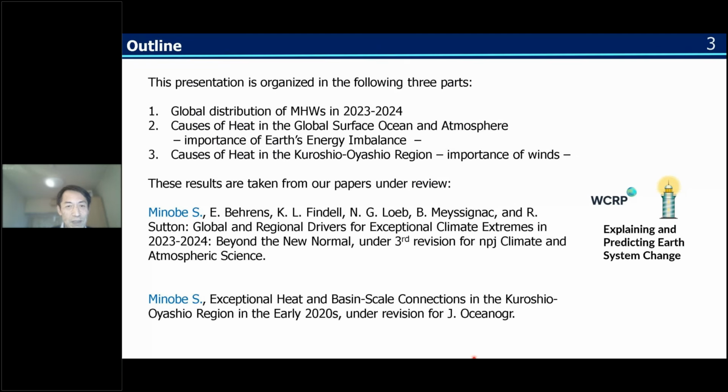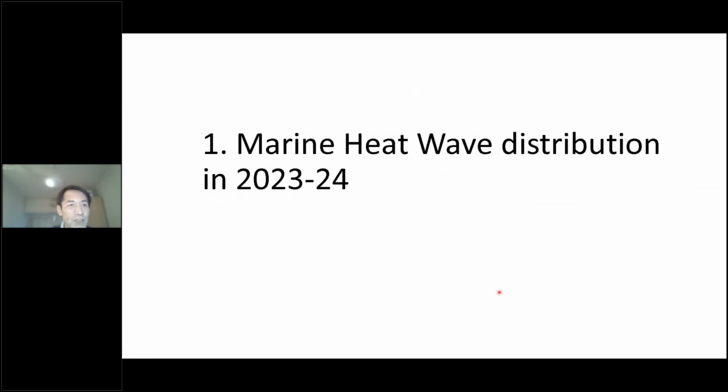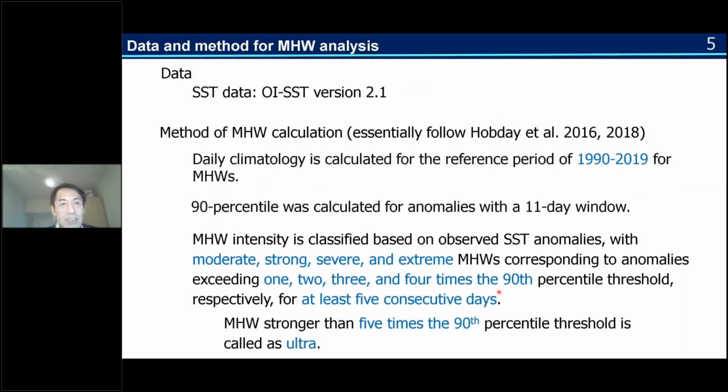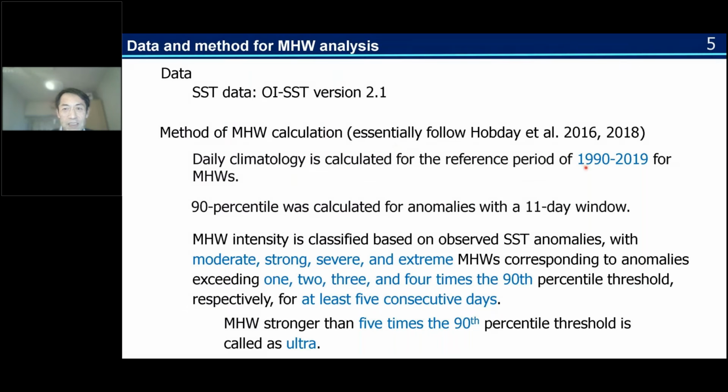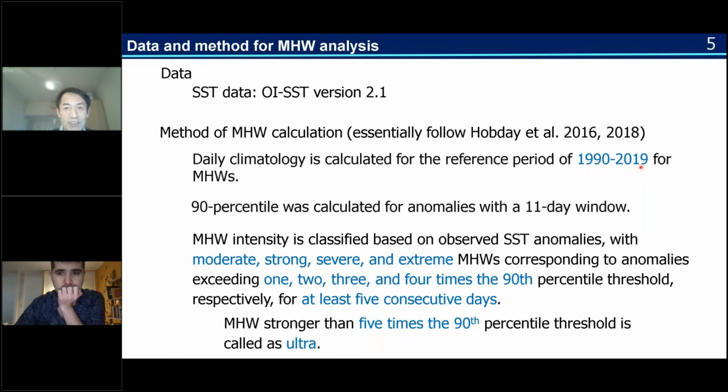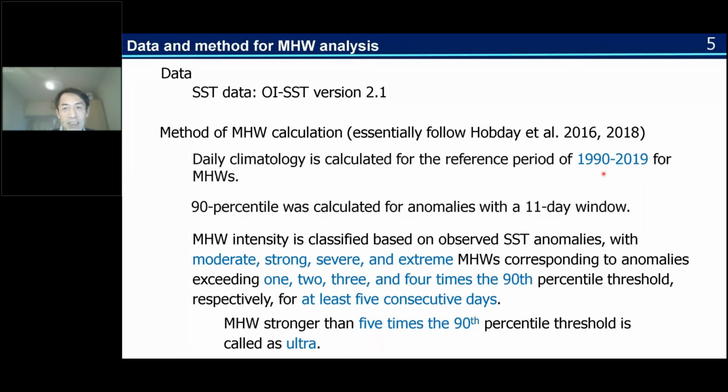In this first part, I analyze the marine heat waves using the standard data, SST, and using a standard method following Hobday et al. The reference period is important, as discussed in several papers. We take the last 30 years climatology.